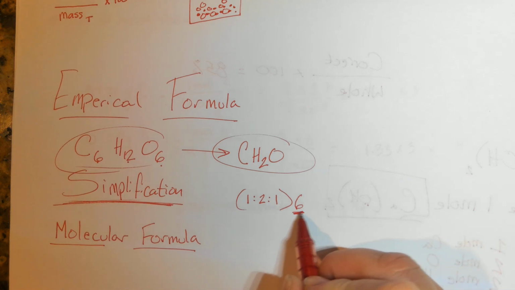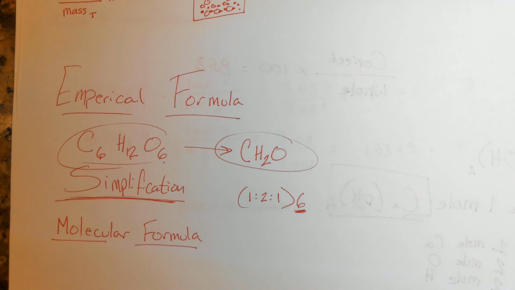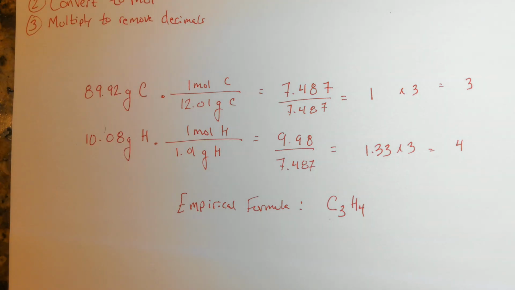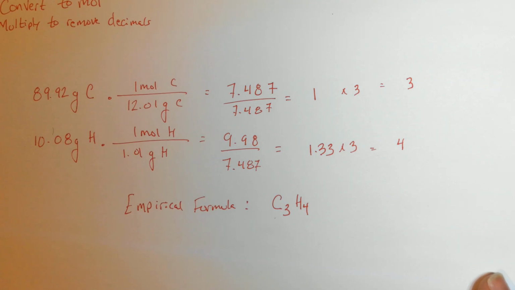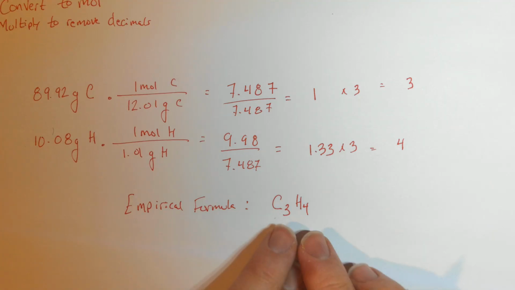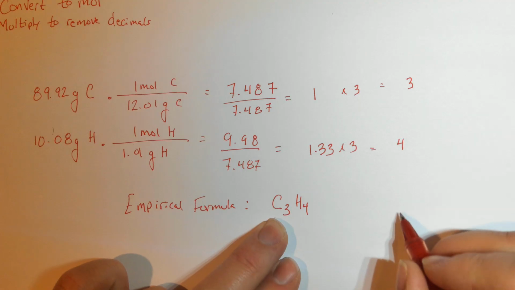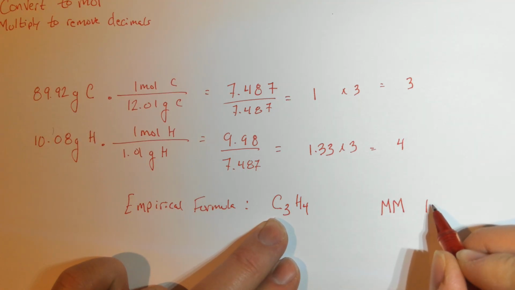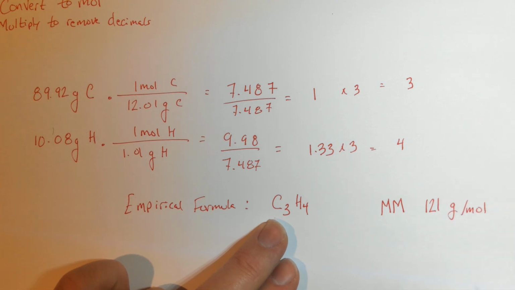And we had some kind of number that we had to multiply that ratio by in order to determine what that molecular formula will be. And that's what we have to do now based on the information that's given to us. The only other information we're given is that the true compound, not the empirical formula of the compound, but the actual compound, has a particular molar mass. The molar mass is given to us as 121 grams per mole.